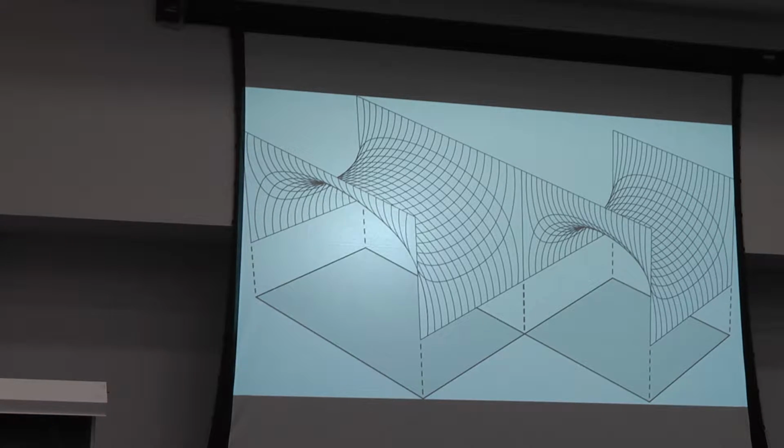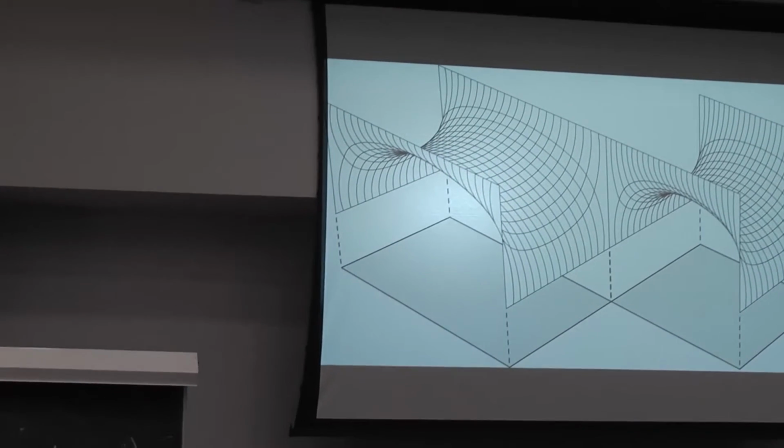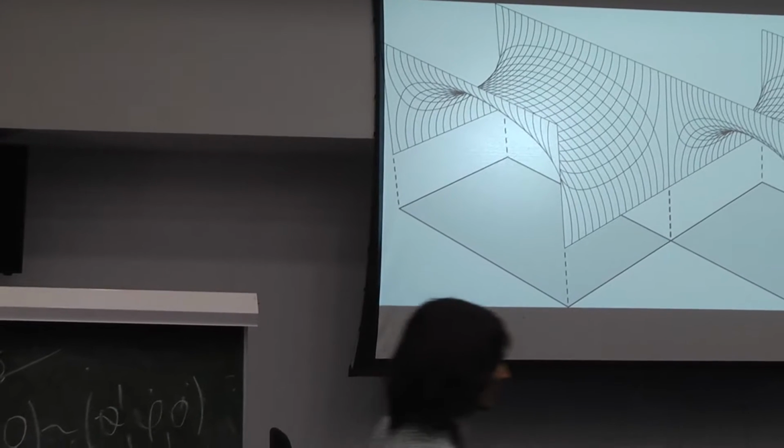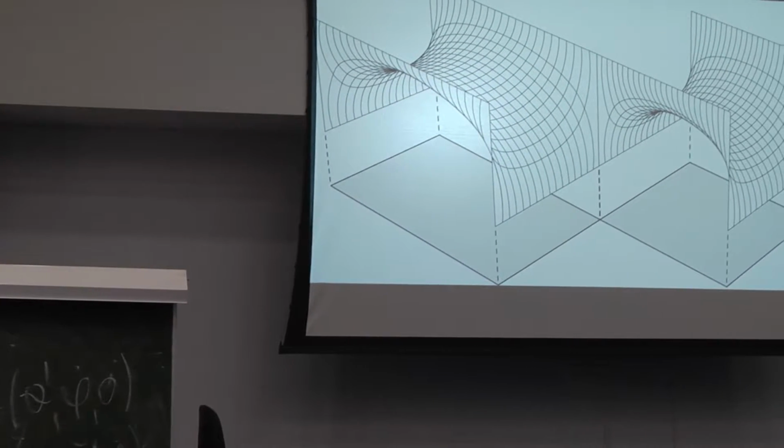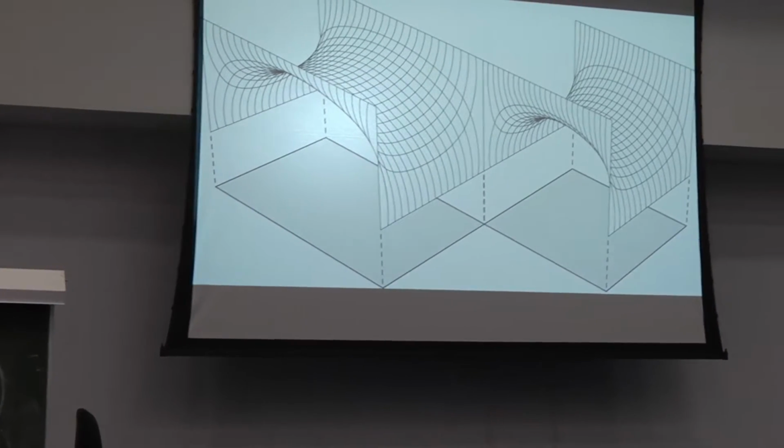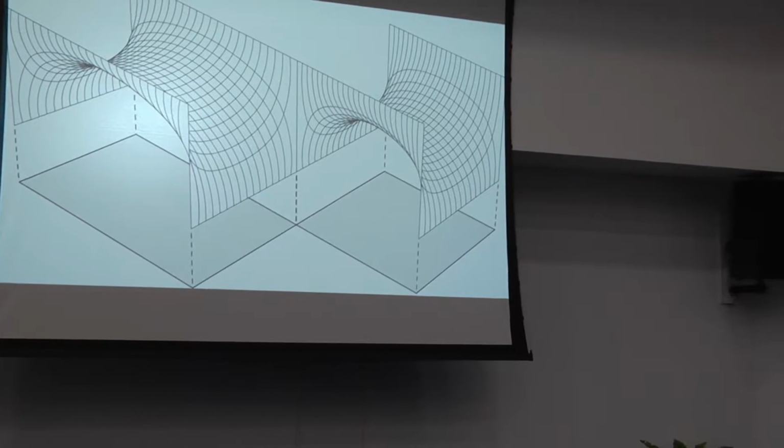So the surface is embedded. We want the surface to be embedded. If two rectangles have one common vertex, the picture is like this, and two tiles are glued into one smooth surface.